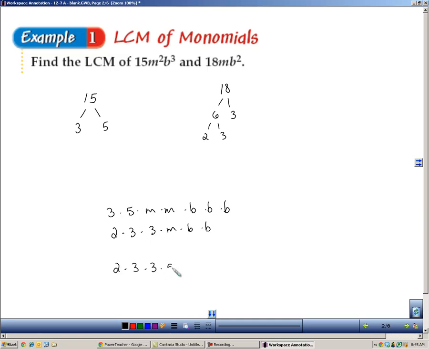I see a 5, I see an M on the bottom and two M's on the top, so I'll take 2 of them. Remember, we want to take the maximum number of times, but not a combination. Top there's three B's, bottom there's two B's, so I'll take 3 of them. So here 3 times 3 is 9, 9 times 5 is 45, and 45 times 2 is 90. I have an M squared and a B cubed. So the least common multiple of these 2 monomials is 90M squared B cubed.